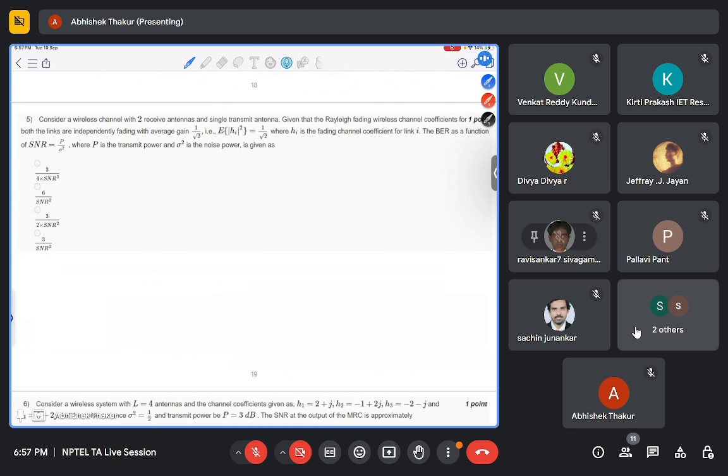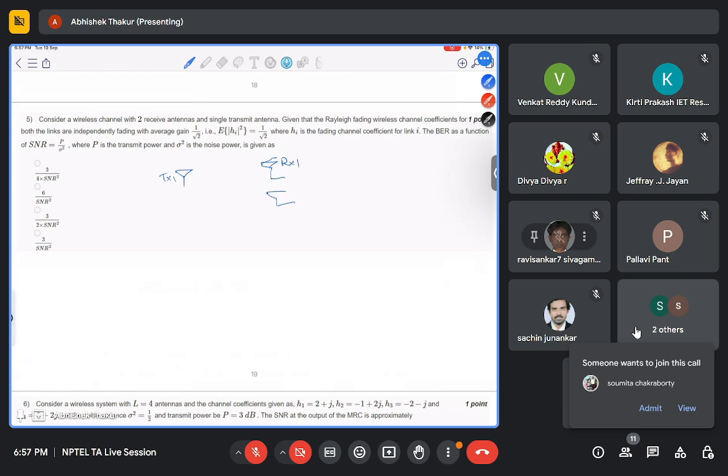So in this question, consider a wireless channel with two receive antennas and single transmit antenna.